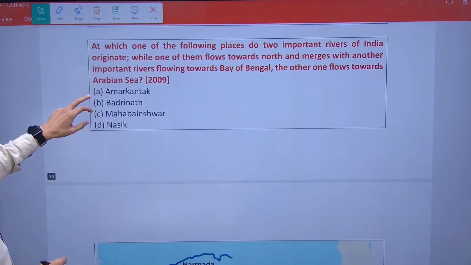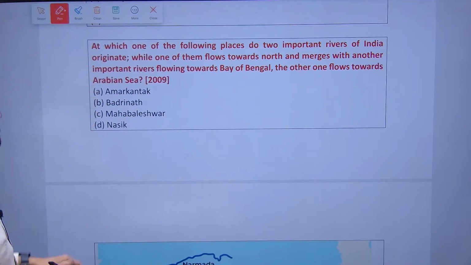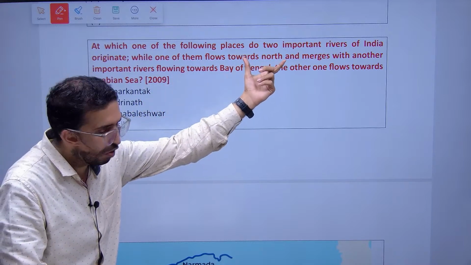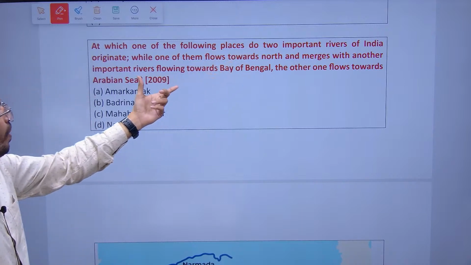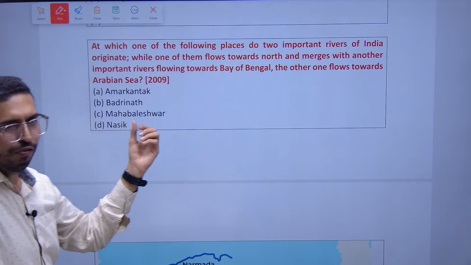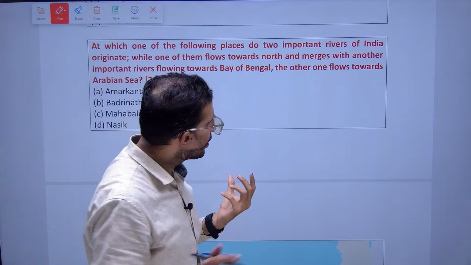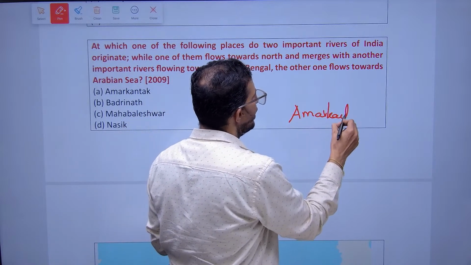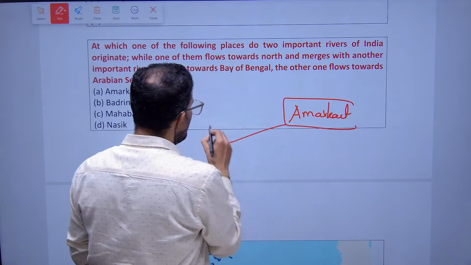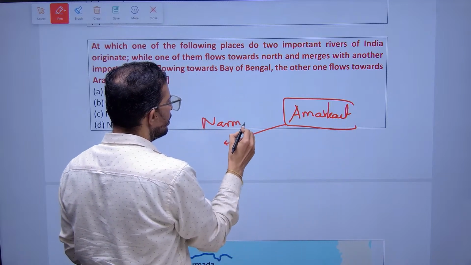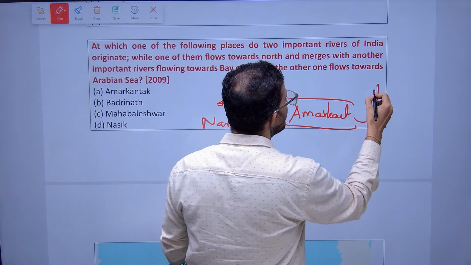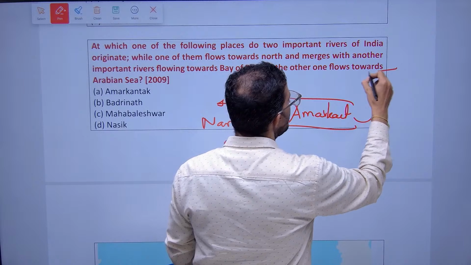Then they are asking which place is having the origin of two important rivers, one flows westward and one flows eastward. Now we have discussed that Amarkantak is the region where the Narmada river originates and flows westward, and the Sun river flows northwards and merges into the Ganga.